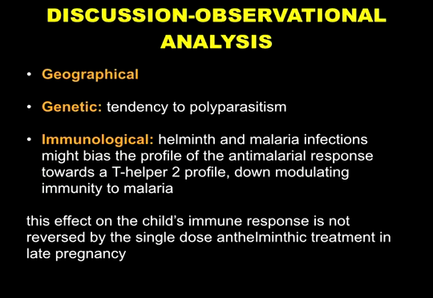However, because the mothers had received anthelminthic treatment in pregnancy, the assumption was that it would remove the effect of helminths. We do not see that in this result. It is also possible that a single dose in pregnancy could not reverse whatever immune response changes had already taken place.